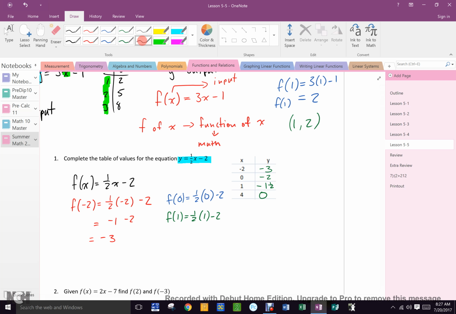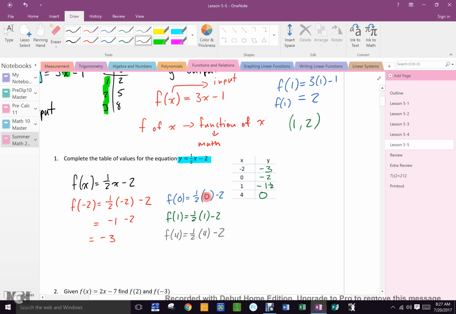And what would the last one be? f of 4 equals 1/2, 4 minus 2. Please tell me you see the pattern. The inputs go in everywhere you see an x.